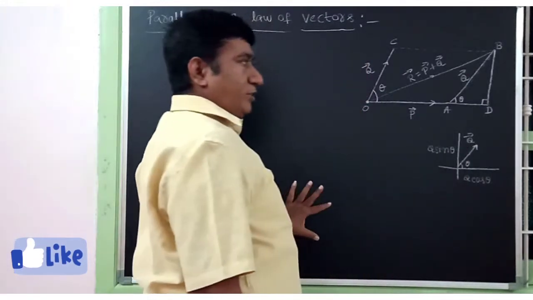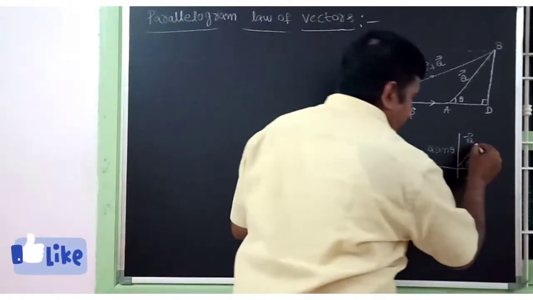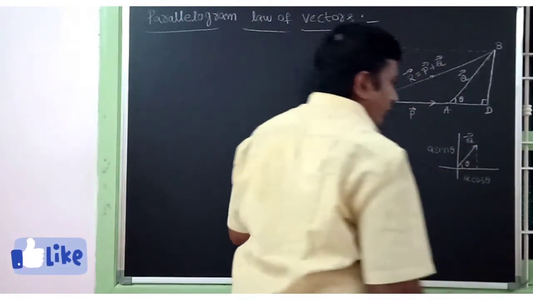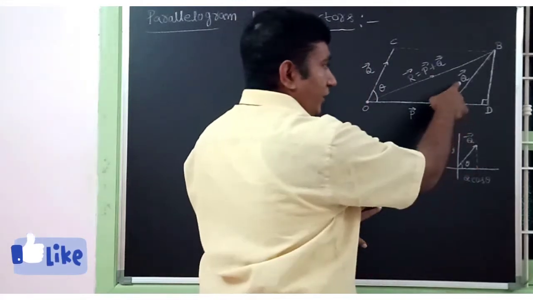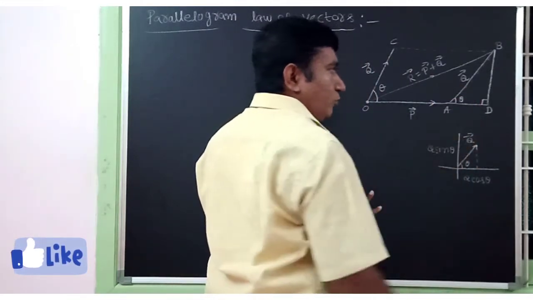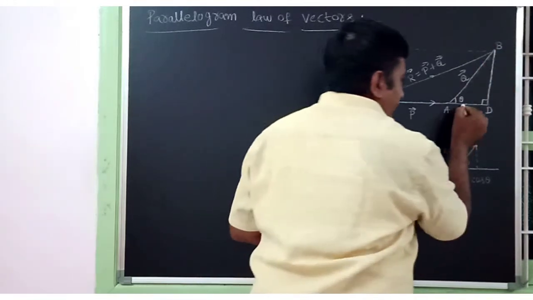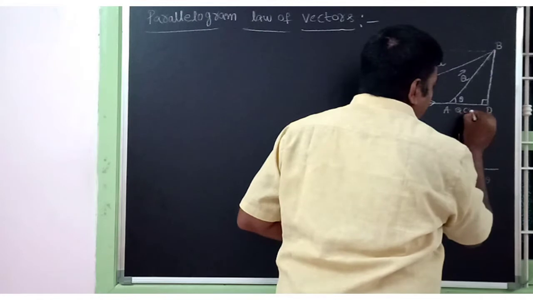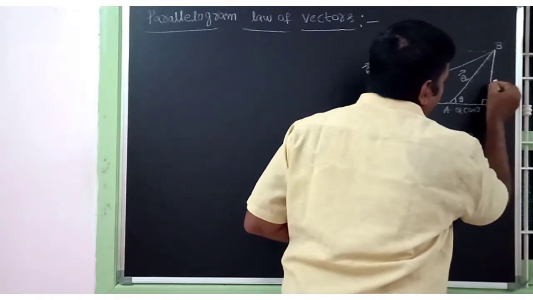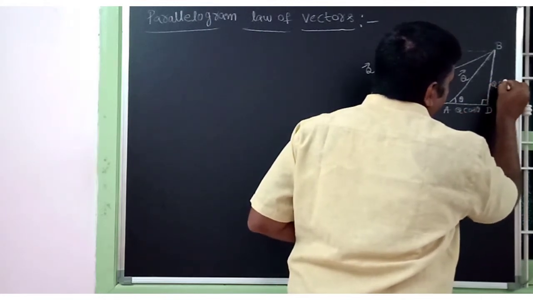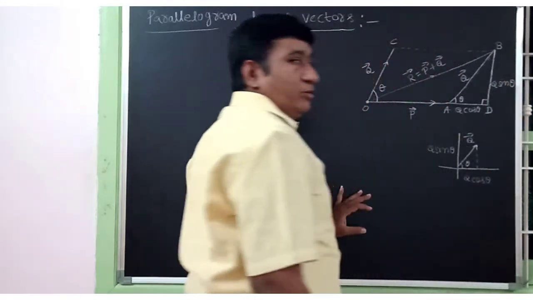In the same way, this Q we can resolve into two components, along the horizontal and along the vertical. This I can write as Q cos theta, and this as Q sin theta, in terms of magnitude.